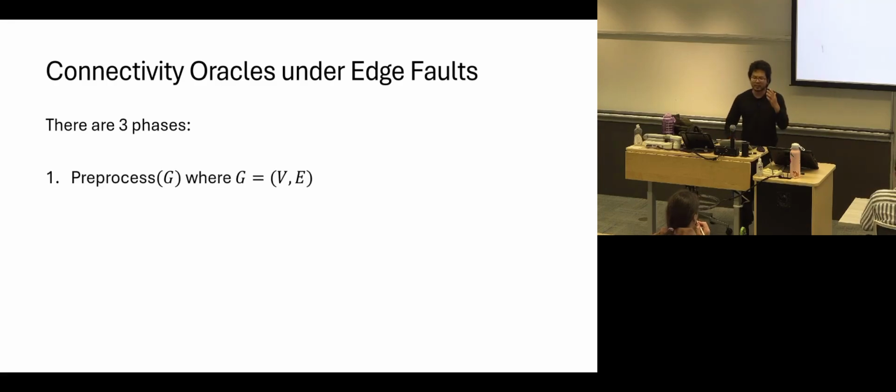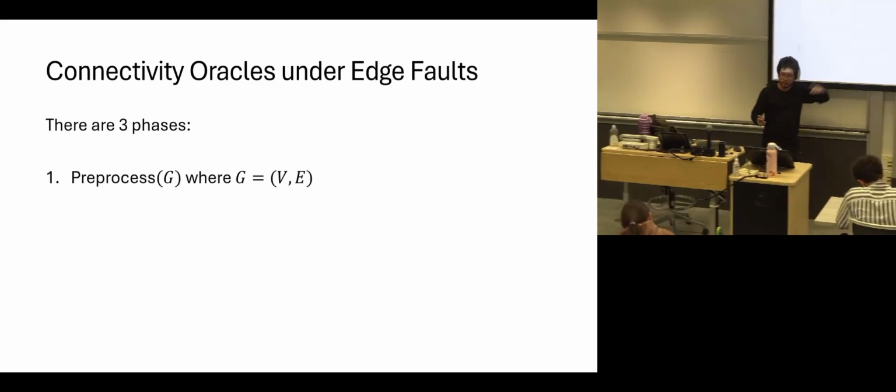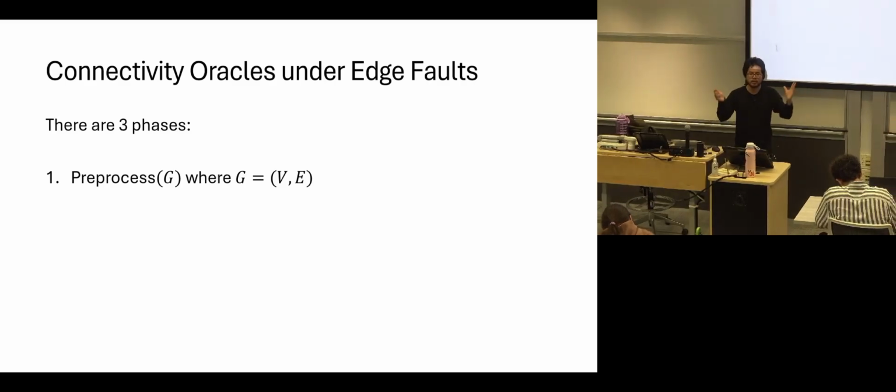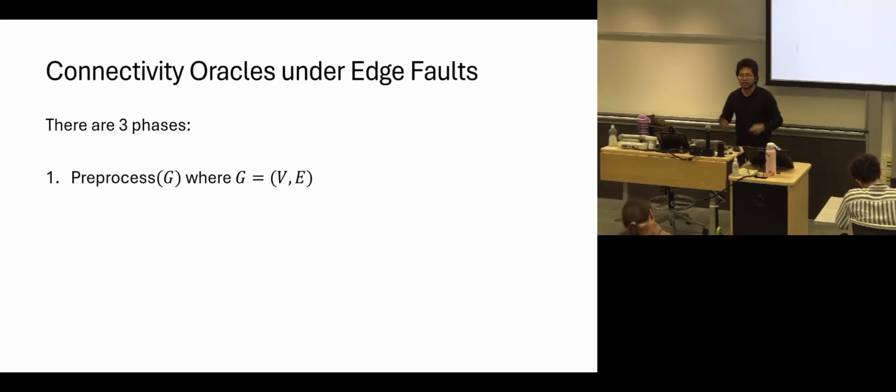Connectivity oracle under edge faults is a data structure problem where you start with a graph, still undirected, let's say unweighted, just some graph. You pre-process it. Let's say you can take any polynomial time, you don't care.